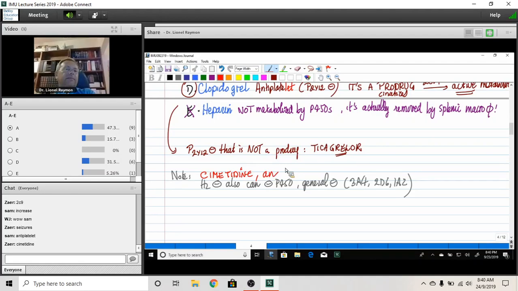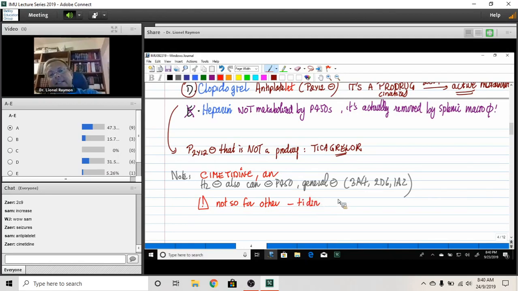An H2 blocker also can inhibit P450, but it's even more broadly inhibiting than a proton pump inhibitor, particularly when you block 3A4, you then call it a general inhibitor because virtually all the drugs get metabolized by 3A4. So be careful there. What's neat is that this is not the case for the other tidines.